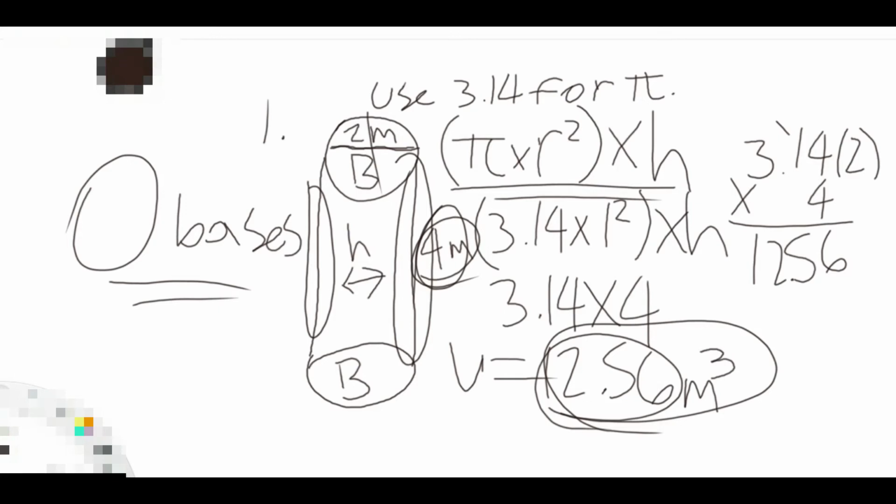For area, it's meters squared, if this was the area of a circle. So the volume of the cylinder is 12.56 meters cubed. Okay, now let's get to the next problem.